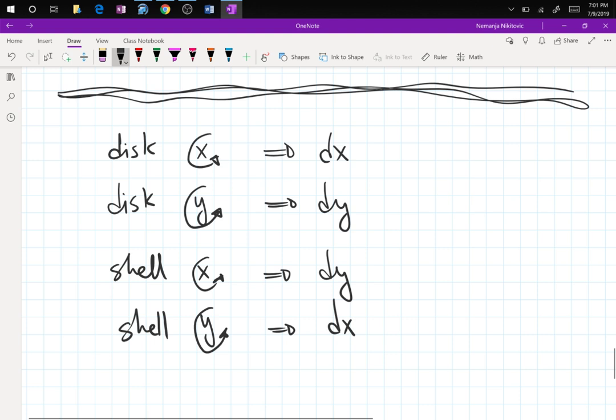Now you will have to untangle all of these, right? Disk method, shell method, they have different formulas. They are applied differently. They cut differently. Over here, I'm just going to put in parentheses perpendicular cut, and over here in parentheses parallel cut.